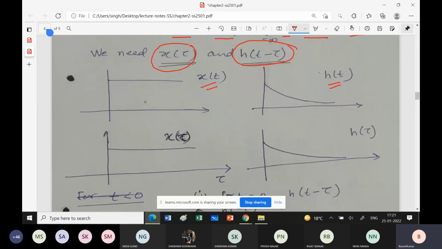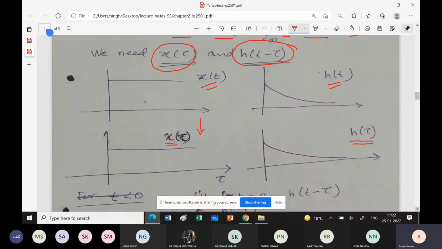The only thing you have to do is replace t by τ, and you get the functions x(τ) and h(τ). So this is your first objective, to get x(τ) and h(τ). You can easily get it, you only have to change the independent variable t to τ. That's all.